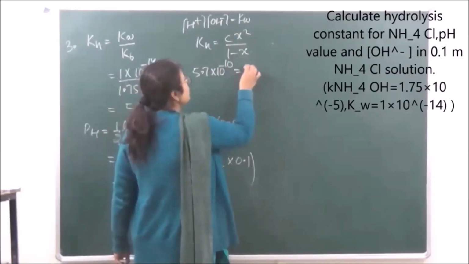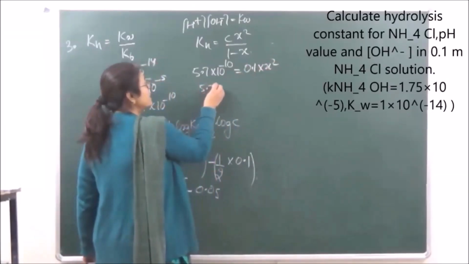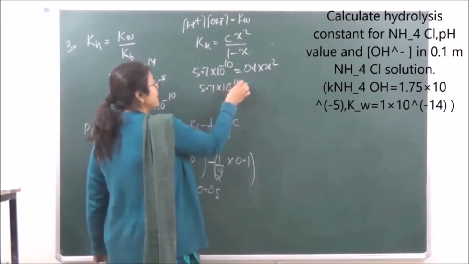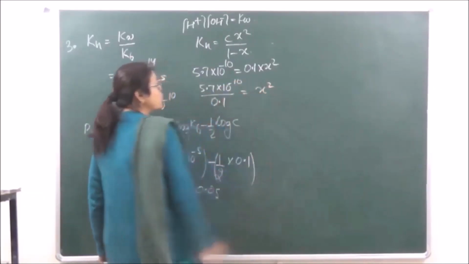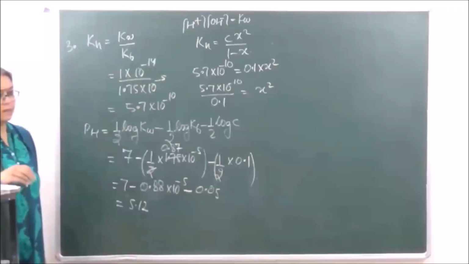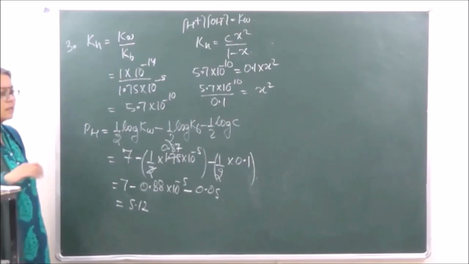So we will have 0.1 into x square. So 5.7 into 10 raised to power minus 10 upon 0.1, that is going to be x square. Okay, so this can be written as 57 into 10 raised to power minus 10, right?